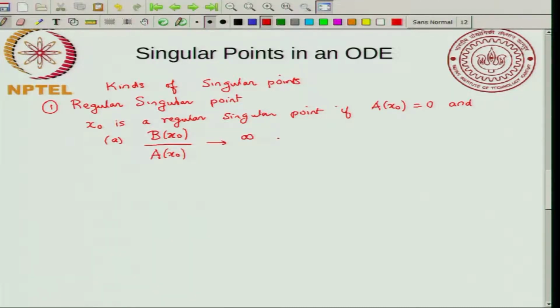But it goes at a rate slower than or equal to 1 by x0. That means b of x0 divided by a of x0 should go asymptotically, as x tends to x0, as 1 by x0 to the power 1 or less. It should not go to a power greater than 1.